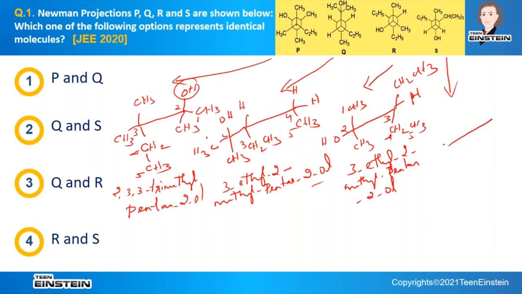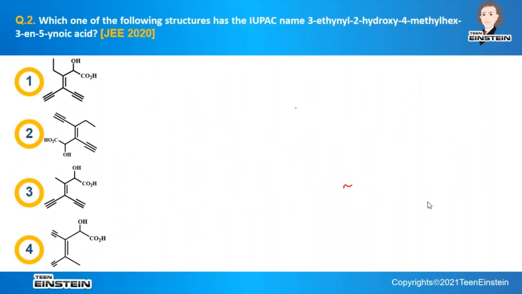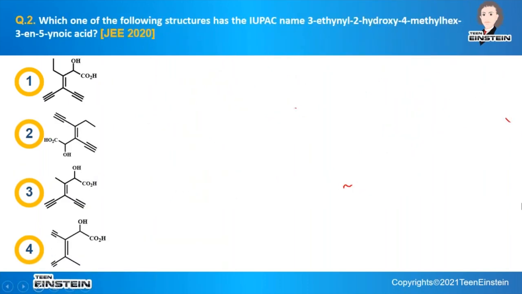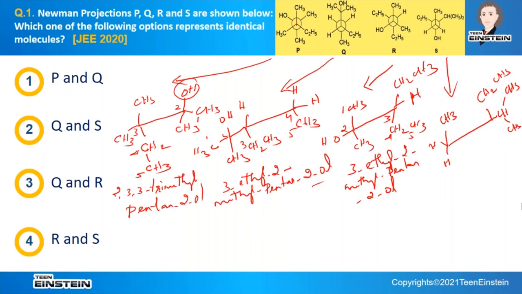Now the final structure. Here the first carbon contains two hydrogens and one methyl group. The second carbon contains one isopropyl group, that is CH3, CH3, and one ethyl group, CH2CH3, and one hydroxyl group here.